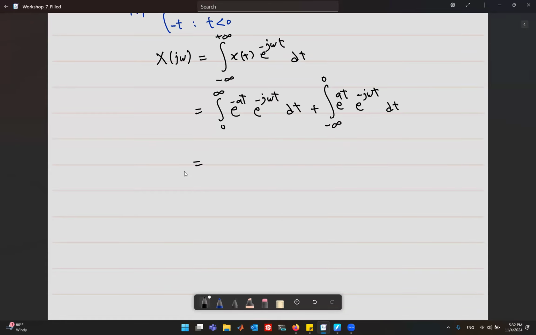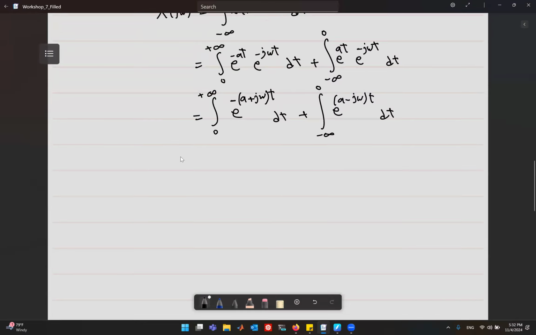And if we combine those two exponentials, from 0 to plus infinity we'll have exponential minus (a plus j omega) times t dt, plus the integral from minus infinity to 0 of exponential (a minus j omega) t dt.